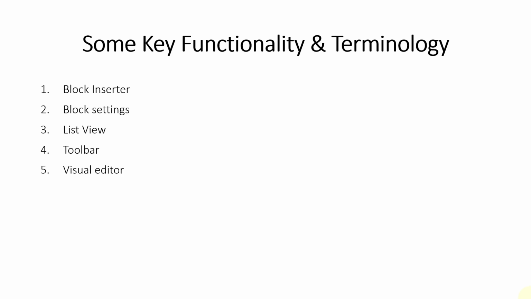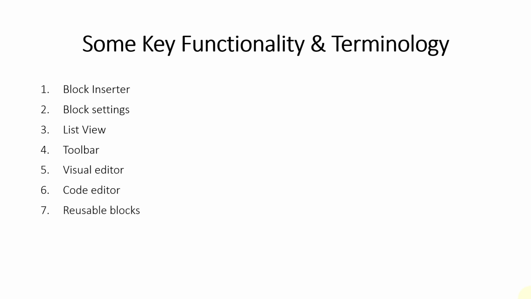Some key functionality and terminology. I'm just going to run through this very quickly, and then we'll actually demonstrate it. So don't worry too much if I go through this quickly, but these are useful terms to keep in mind. Block inserter, for inserting blocks. Block settings, settings for each block. List view. Toolbar. Visual editor, which is what most people work in, I would say, but you can also work in the code editor.